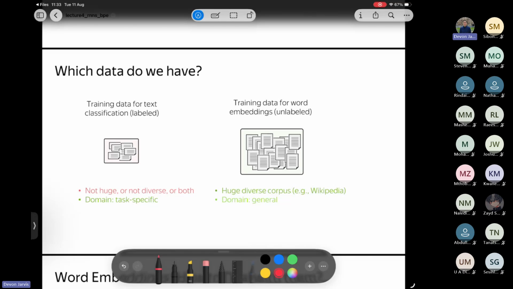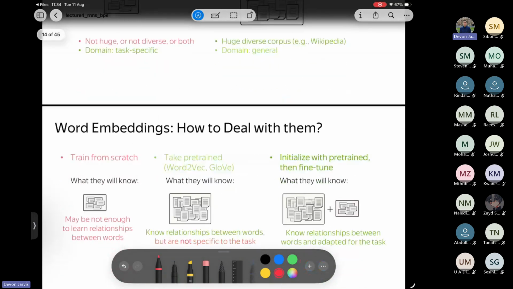Or what we can do is take the entire corpus of the world, or just take Wikipedia, train some kind of massive word embeddings, and then fine tune that to our task. So now we have a really rich representation of our words, and we have a far bigger dictionary to handle new stuff, and then we can just adjust it to be a little bit more specific to our needs.